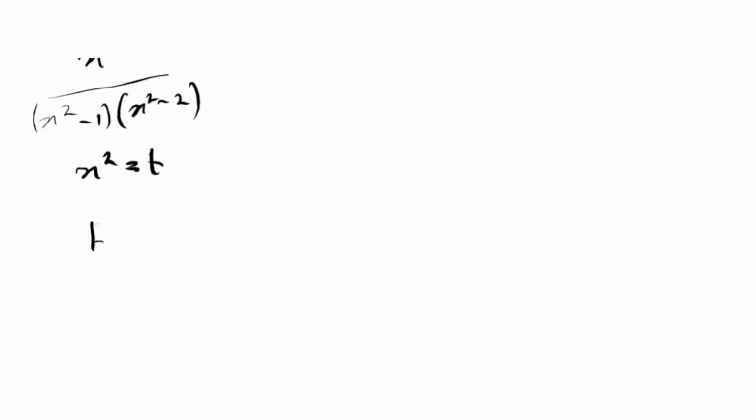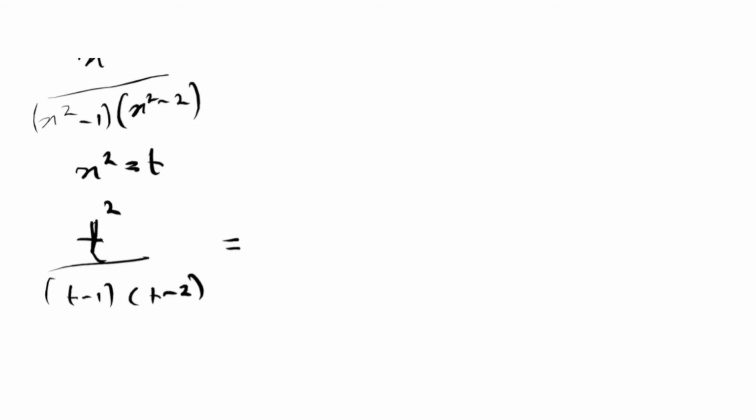In that case, you will have t squared over t minus 1, t minus 2. Always be mindful: if you look carefully, the power in the numerator and the power in the denominator are equal. So this relates to case number 5, if you are following my partial fraction series.